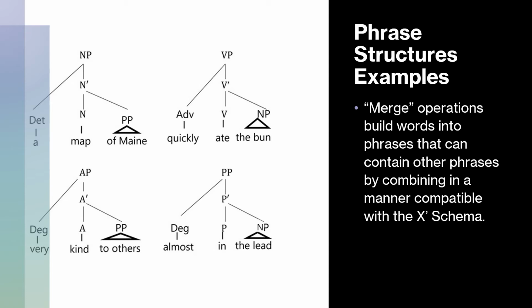And then the last one, the prepositional phrase, you can see almost in the lead. Almost describes not quite in the lead, almost in the lead, right? But it's a specifier, it's a degree again. And then in is followed by the lead, which is a noun phrase. It's important to notice that prepositional phrases, prepositional heads, always must have a complement, and that complement will be a noun phrase.